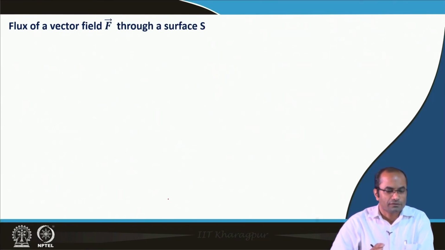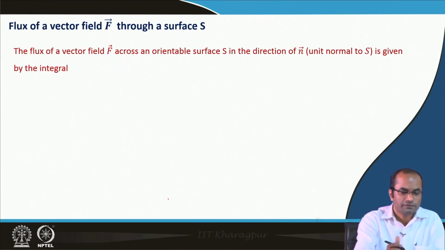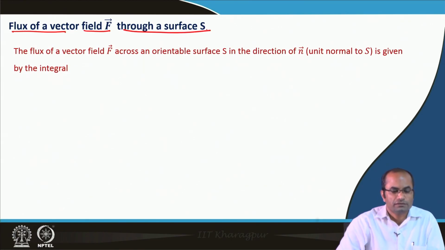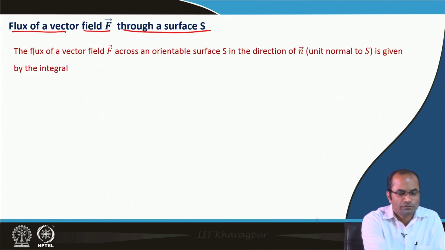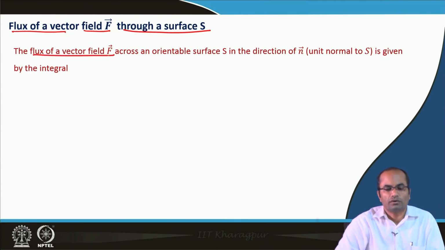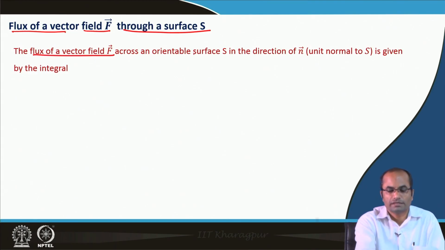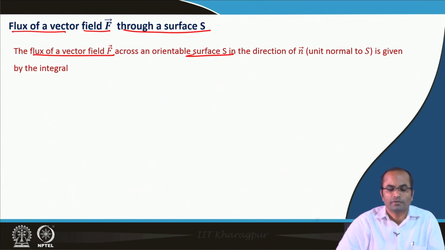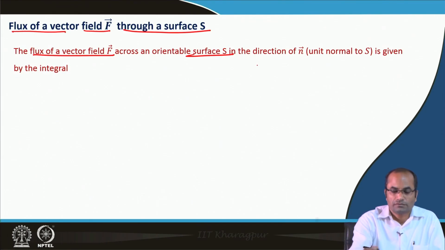Okay. So, having that, we have the flux of a vector field F through a surface S, which we will discuss in this lecture. So, the flux of a vector field F across the orientable surface S. Orientation is important because we will be considering the normal in two directions.